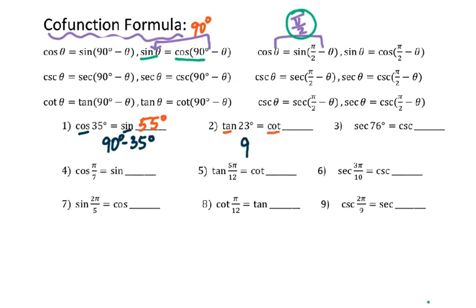So I do 90 degree minus 23 degree. You got 67 degree. For number 3, secant and cosecant, they are cofunction. So I got to do 90 degree minus 76 degree. That's 14 degree.